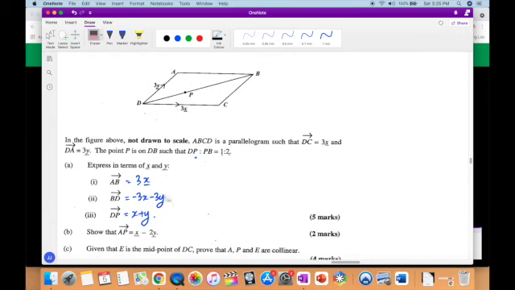Alright, so watch. I'll do it over. They say they want me to prove that AP is x minus 2y. Well, I'm just going to forget about the x minus 2y. I'm just going to find what AP is, and I'm going to hope that I get x minus 2y. Let me draw that a little better.